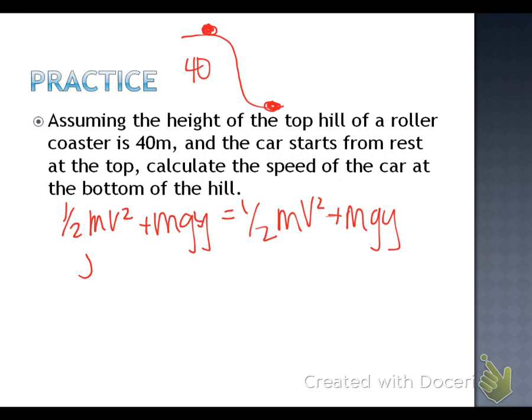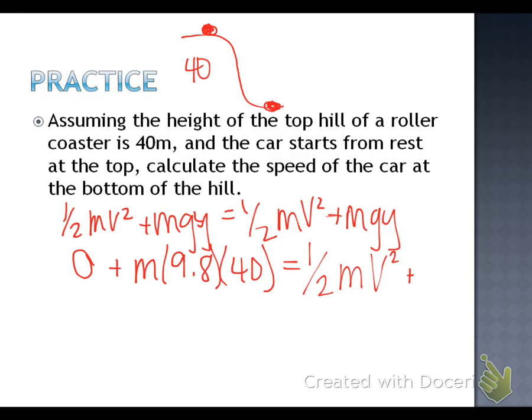All right, so our kinetic is 0. We're going to have our mass times 9.8. And what's our y value? 40. Okay. Do we have any kinetic energy when we get to the bottom? Yes. Do we have any potential energy when we get to the bottom? No. It has no more potential to fall. 1/2 mv squared plus 0.